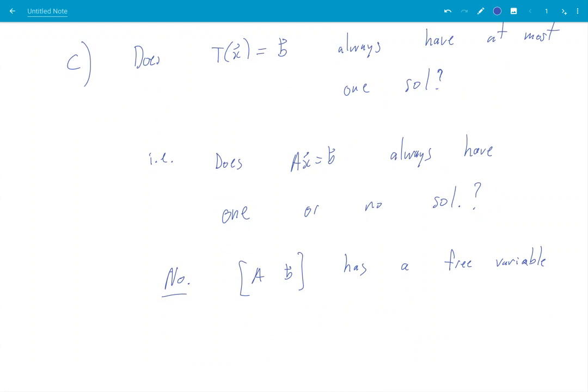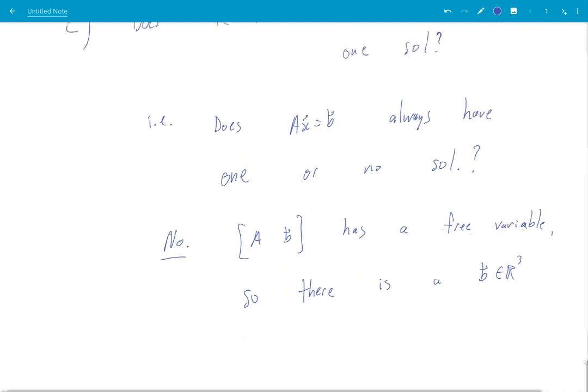So AX equals B has a free variable. So there is a B in R3 that will give infinite solutions here.